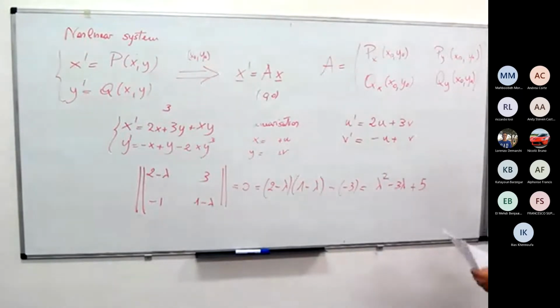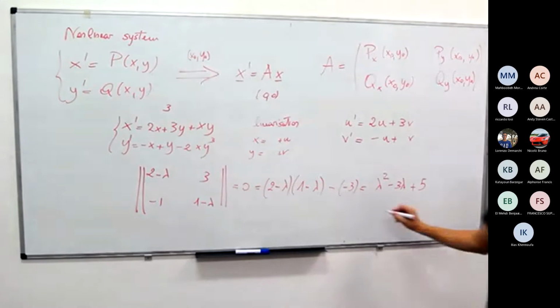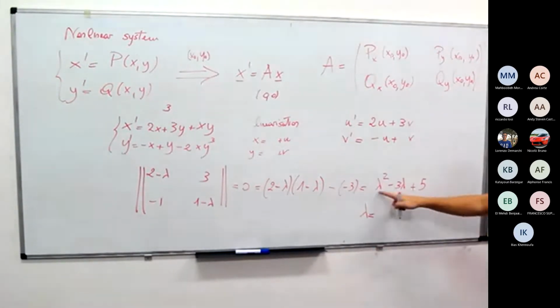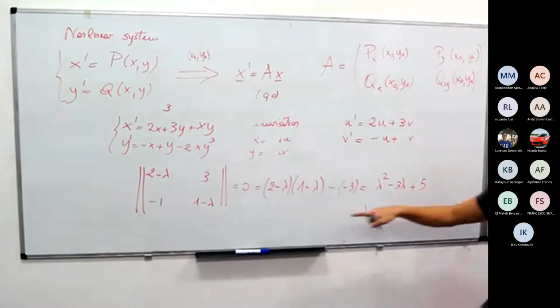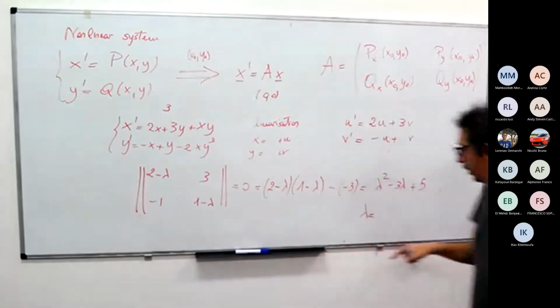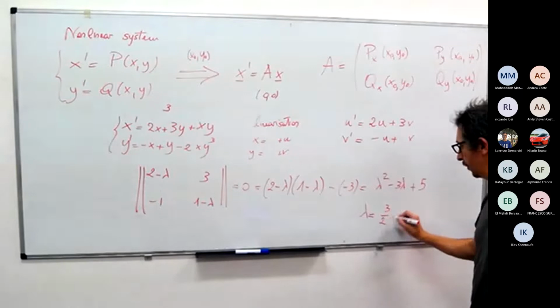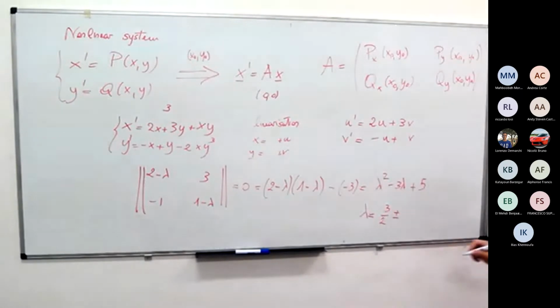Now, if I'm correct, I hope to be correct, but please check if I'm correct or not. The two roots of this equation, lambda squared minus 3 lambda plus 5 equal to 0, are 3 alpha plus or minus i times square root of 11 alpha.